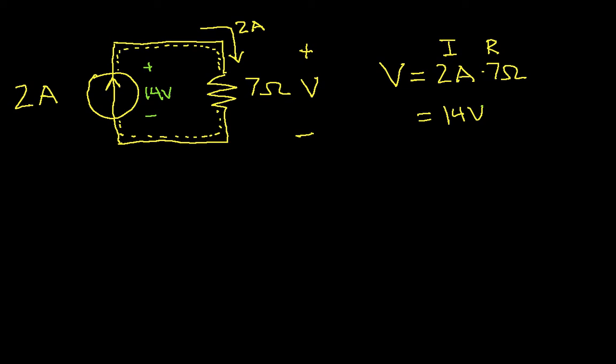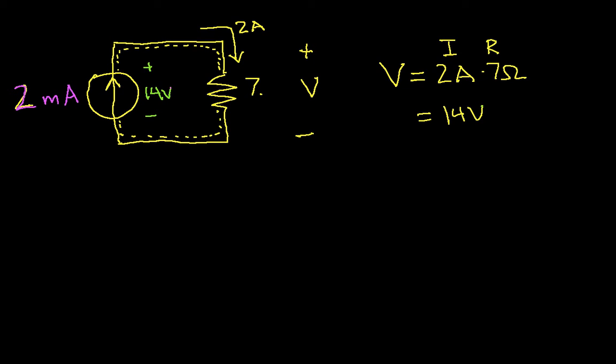Okay, so that was a fun example. Let's suppose that we want to change things up a bit. So we'll change the values of our current and resistance. Let's suppose that instead of a current of 2 amps, we'd like to have a current of 2 milliamps.